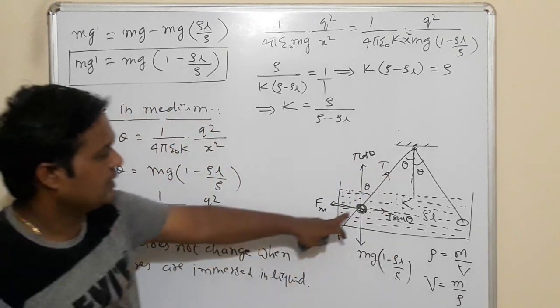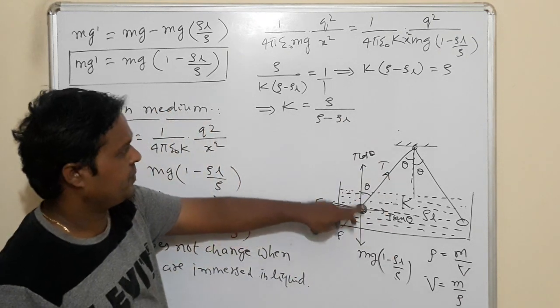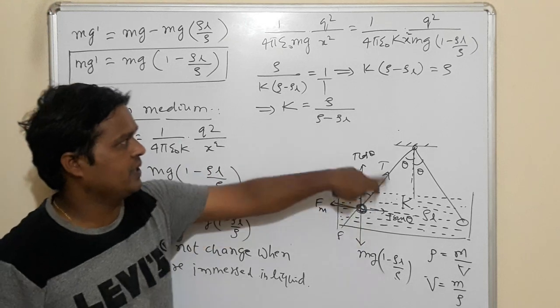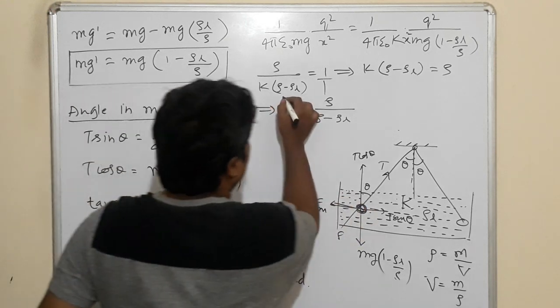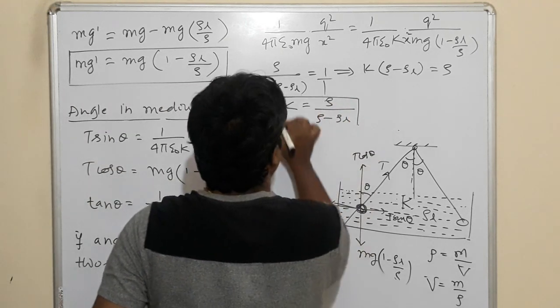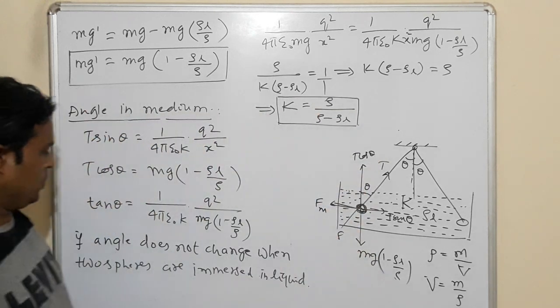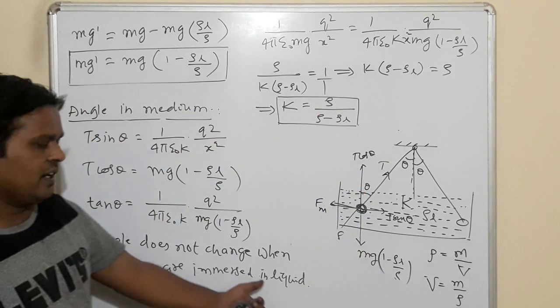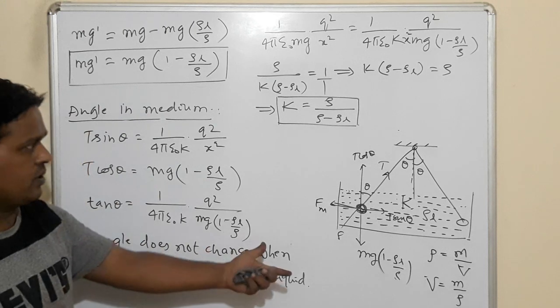What is rho? The density of this solid body. What is rho L? The density of this liquid. Only in terms of density you can calculate the dielectric constant value, provided the angle remains the same, the angle does not change.